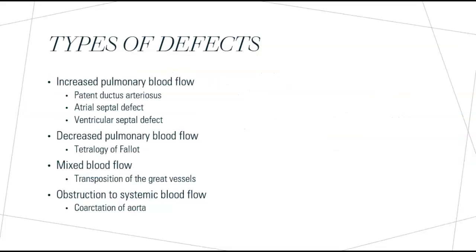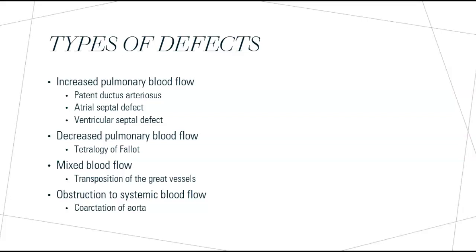So there are going to be different types of defects. There's increased pulmonary blood flow defects, so that's going to include the patent ductus arteriosus, the atrial septal defect, and the ventricular septal defect. This is going to be the most common congenital heart disorder, and this is when there's a communication of some type between the right and left side of the heart.